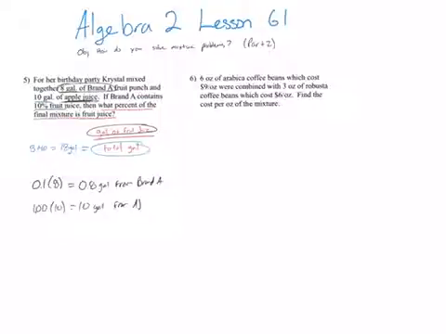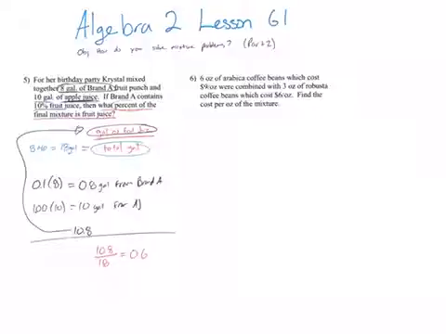So the total number of gallons of fruit juice is going to be 10.8. So now, to find our answer, I'm going to say 10.8 divided by 18. That gives me 0.6. But of course we asked for that as a percent. So I multiply by 100 and I get 60% fruit juice.